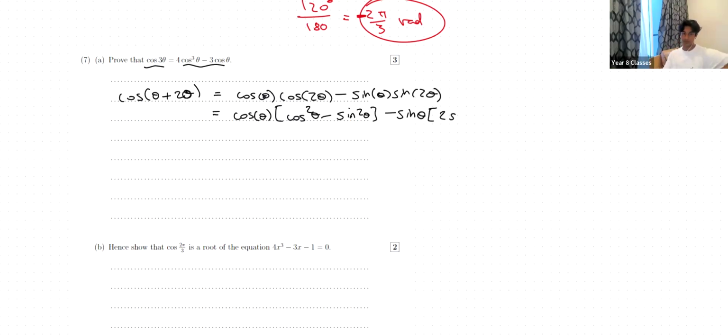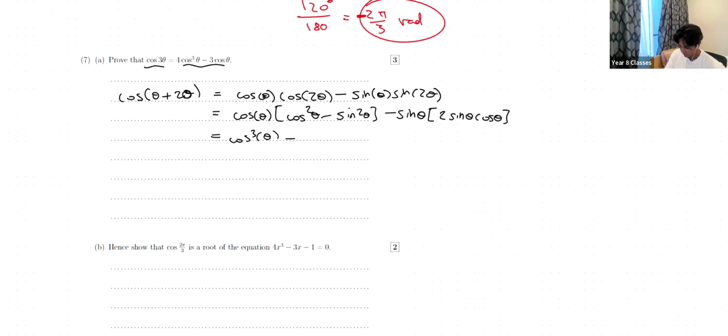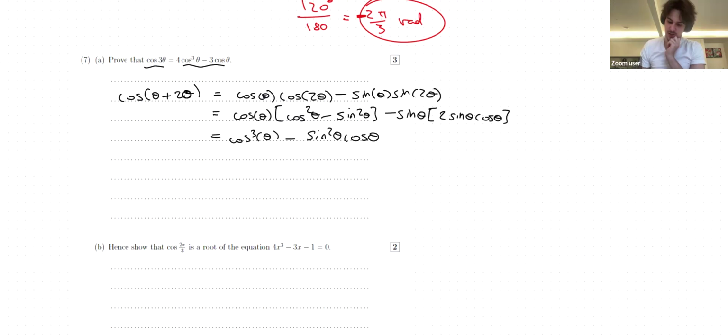Okay, yep. And so then that becomes cos cubed theta minus sine squared theta cos theta, minus 2 sine squared theta cos theta.